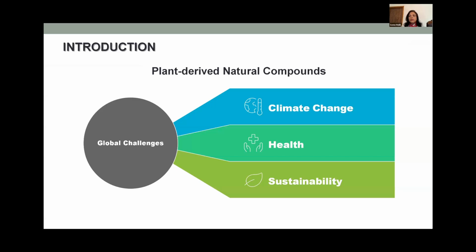As mostly all of us know these days what natural compounds are, if we think of the three main challenges of today's world, these are climate change, health, and sustainability. Global warming and climate change is one of the main issues these days, and then health.